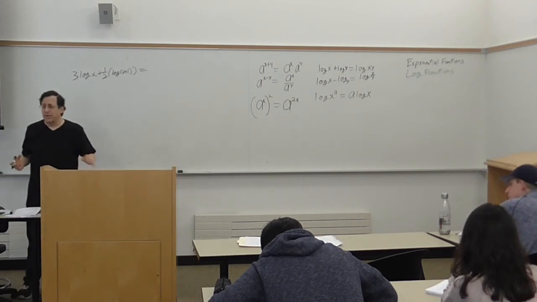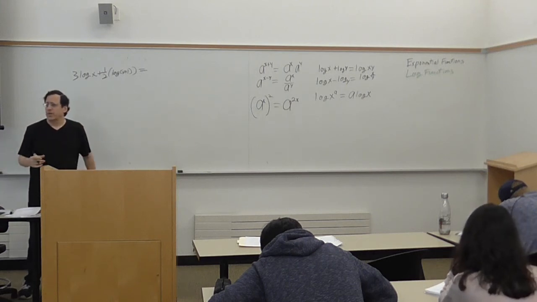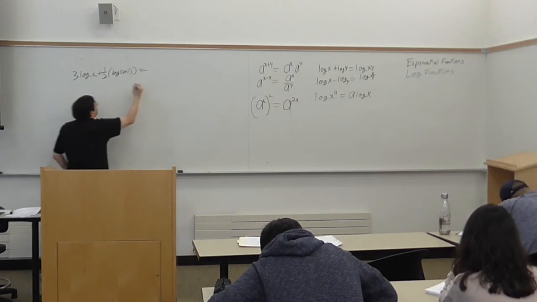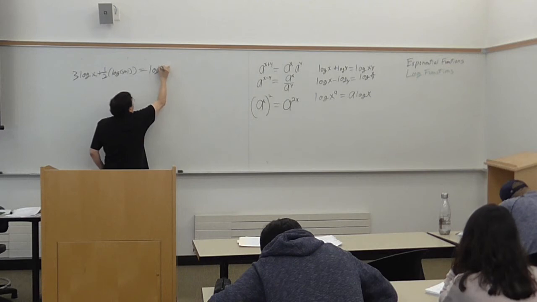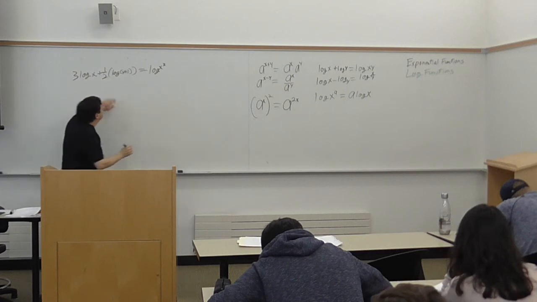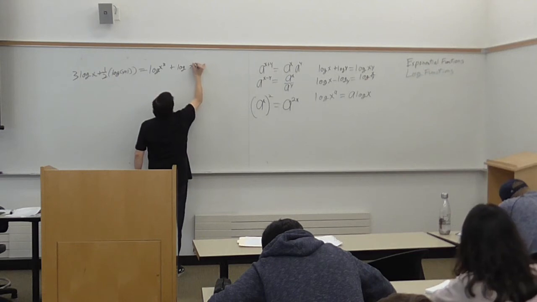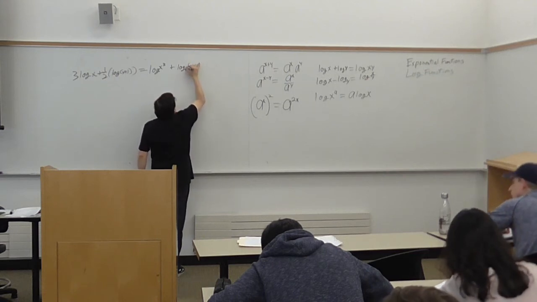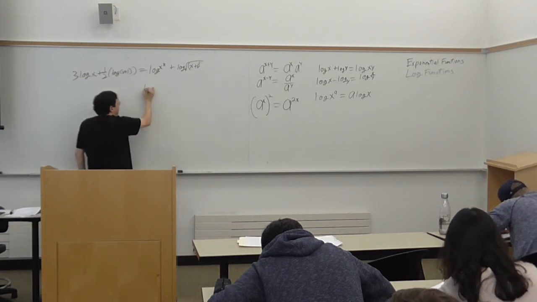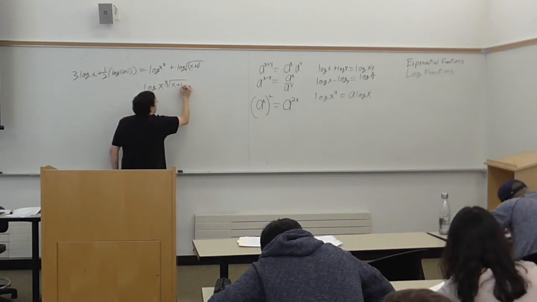But really what I mean in this context by simplify is just one log function containing everything. So this becomes log of x cubed. This becomes log of x plus 1 to the 1/2, which is just the square root. And now I'm adding these logs, so this is just going to be log of x cubed times the square root of x plus 1.